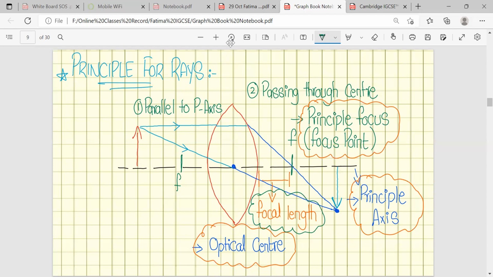No. Okay. And if we double the focal length, you will get the value of 2f, which means this length is twice the focal length. So this will be double the length of the focal length of the lens, right?